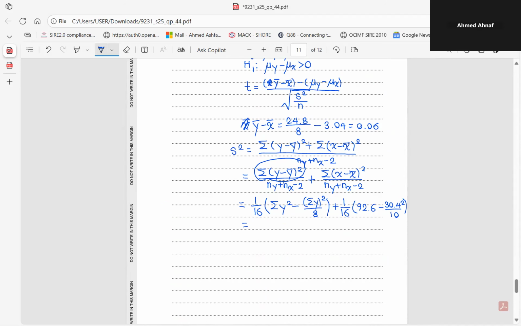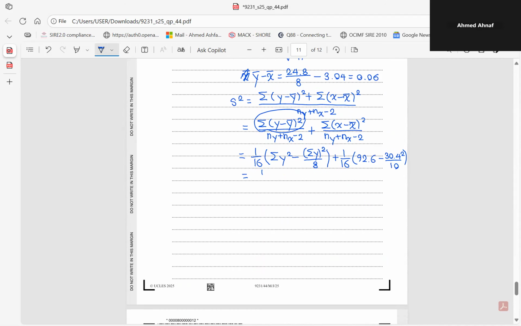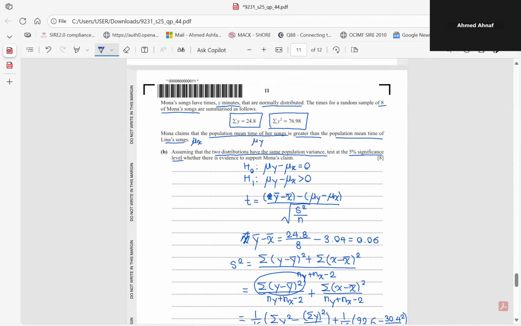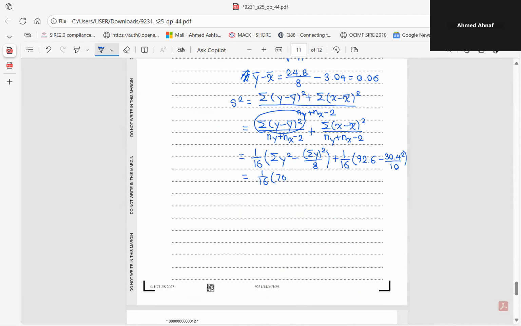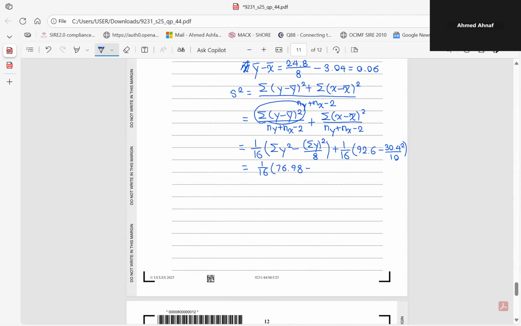And then this would be equal to 1 over 16 times sigma y squared, that is 76.98, minus sigma y whole thing squared, that's 24.8 squared over 8, plus 1 over 16 times 92.6 minus 30.4 squared over 10.